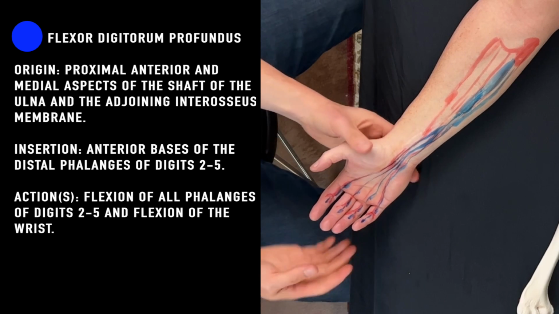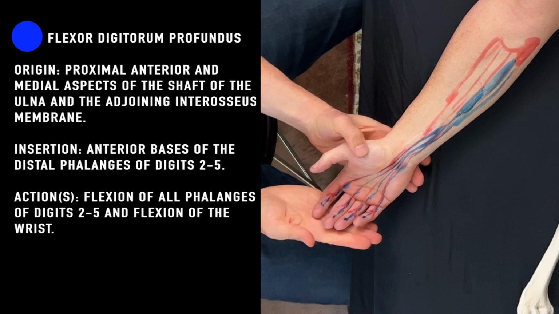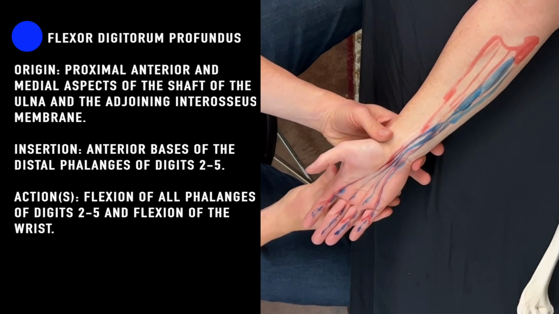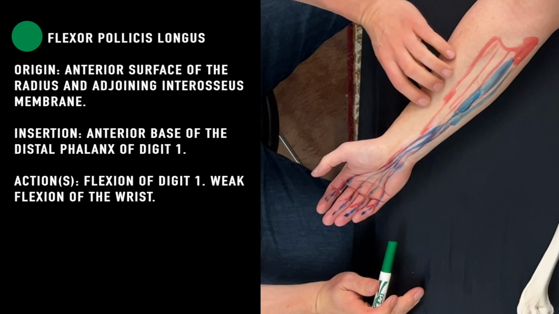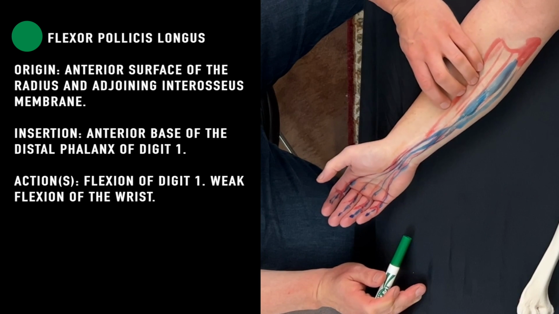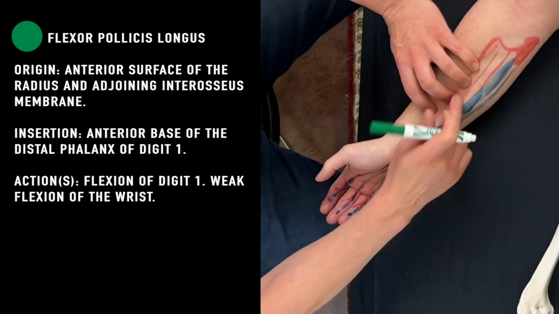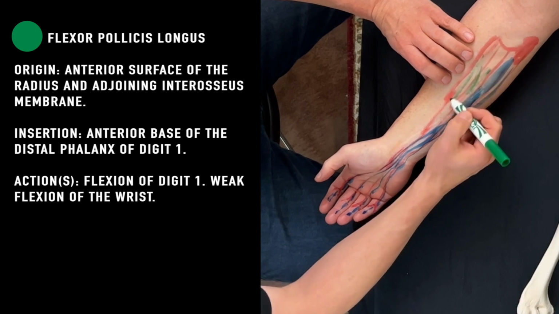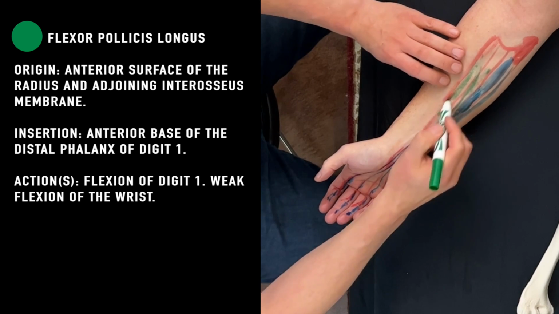Just like the superficialis, the profundus will flex all the phalanges of digits 2 through 5, as well as flex the wrist. The flexor pollicis longus arises from the anterior surface of the radius all along here and the adjoining interosseous membrane. So right like that.